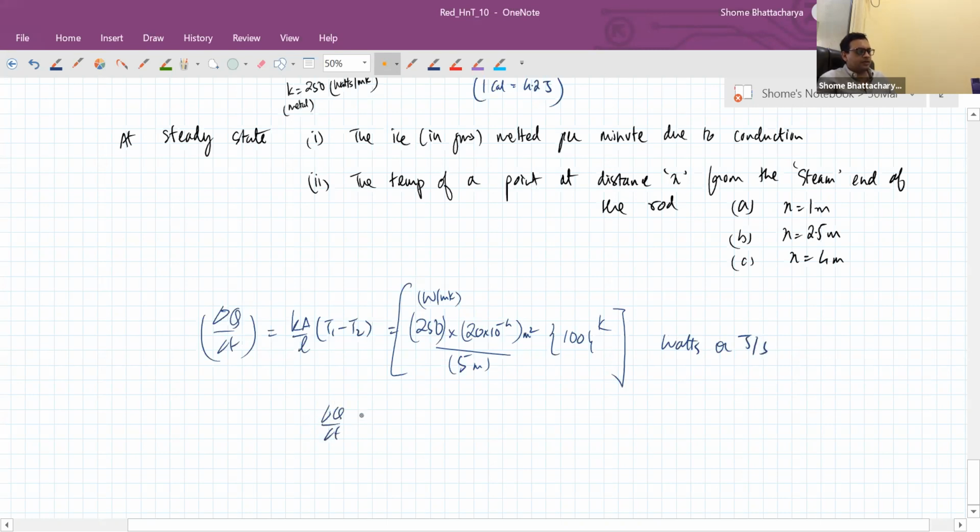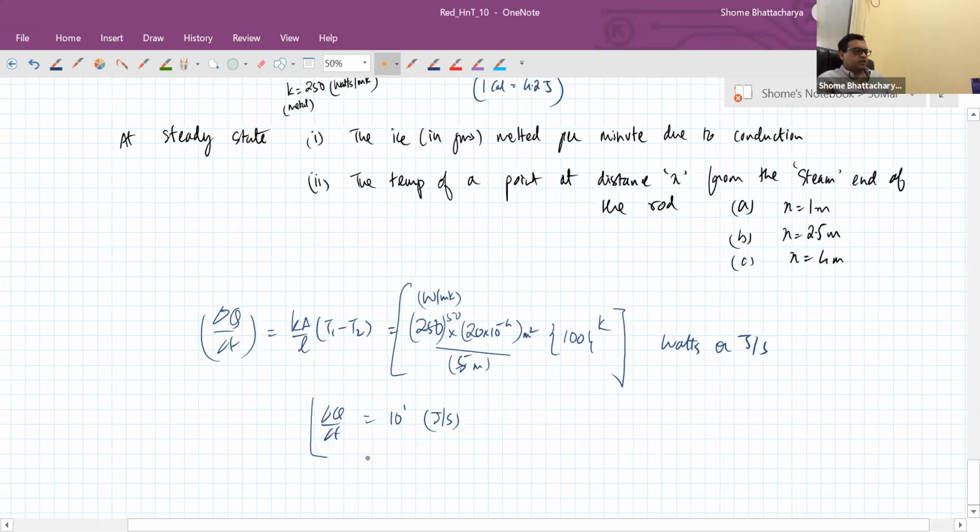So delta Q by delta T will come out to be, 10 raised to power 3 into 10 raised to power minus 4. So that's 10 raised to power minus 1 into 2. So that's 10 raised to power 1. Is that correct? Yes, 10 joules per second.